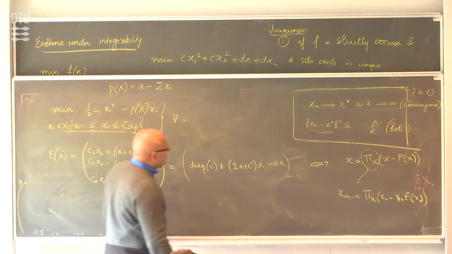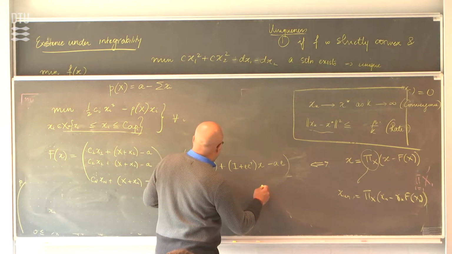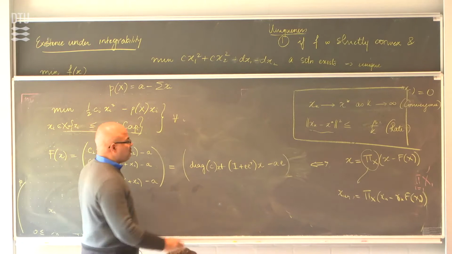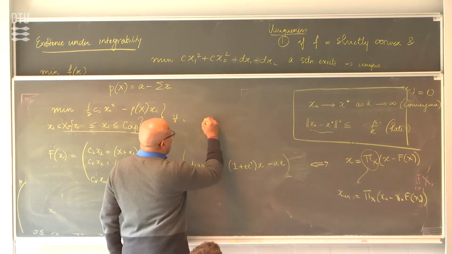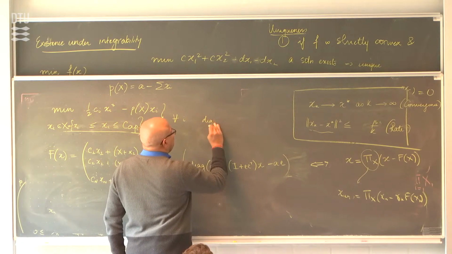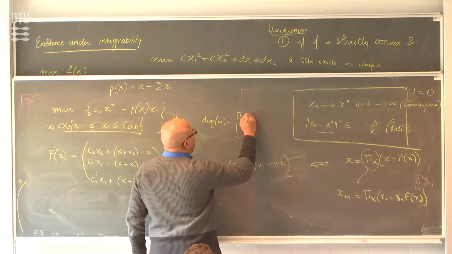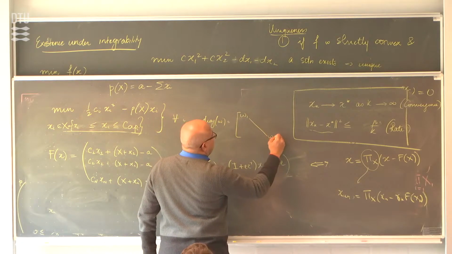So what you're going to get here is this times x. I want to make sure everybody understands how I got this expression. Diag of a vector is a matrix where the vector sits on the diagonal.